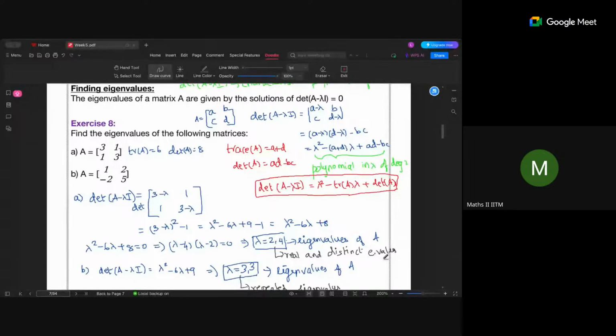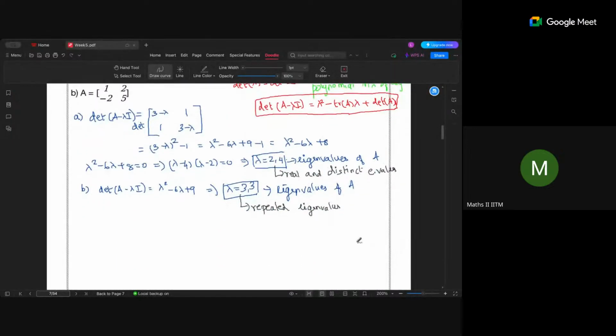Okay, let's check this matrix. What is the characteristic polynomial for this? What is the determinant of A minus lambda I?